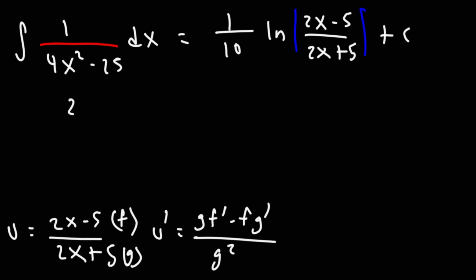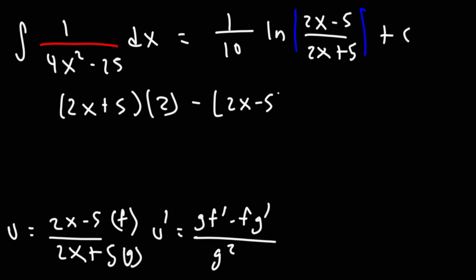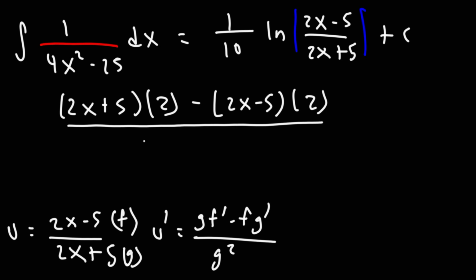So g is 2x plus 5 times f prime. The derivative of 2x minus 5 is 2, minus f being 2x minus 5, g prime, the derivative of 2x plus 5 is 2, all divided by g squared, which is 2x plus 5 squared.